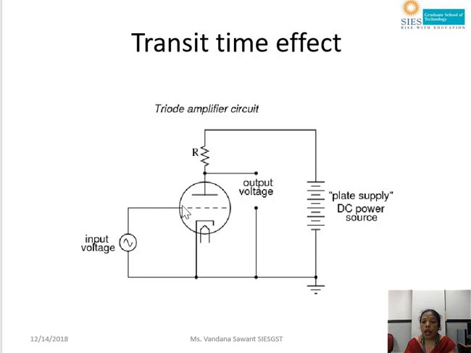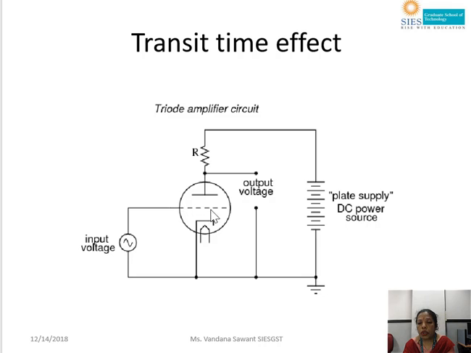But see, at a high frequency what happens? At a lower frequency, when the electrons are emitted from the cathode, there is a positive half cycle on the grid. So the electrons get attracted to the grid, experience a positive voltage, get accelerated and reach the plate.